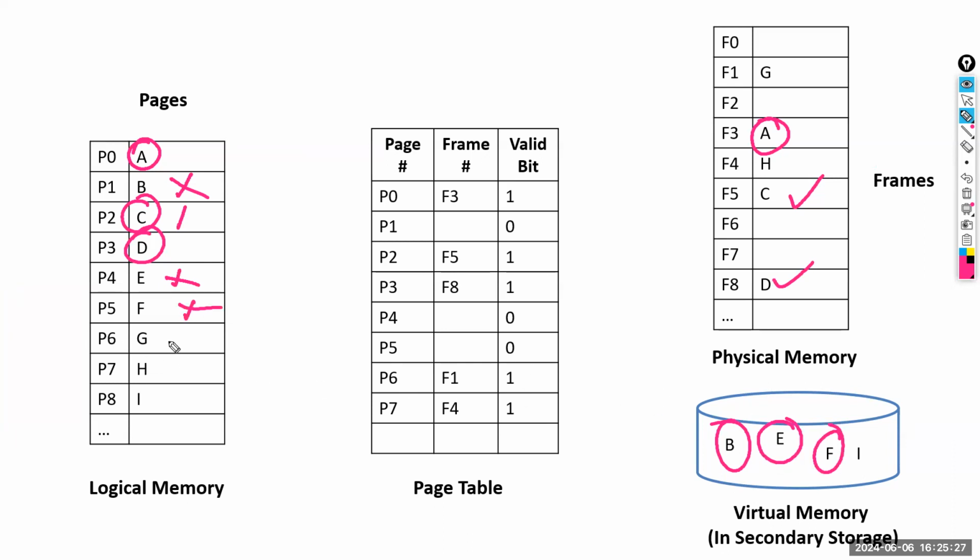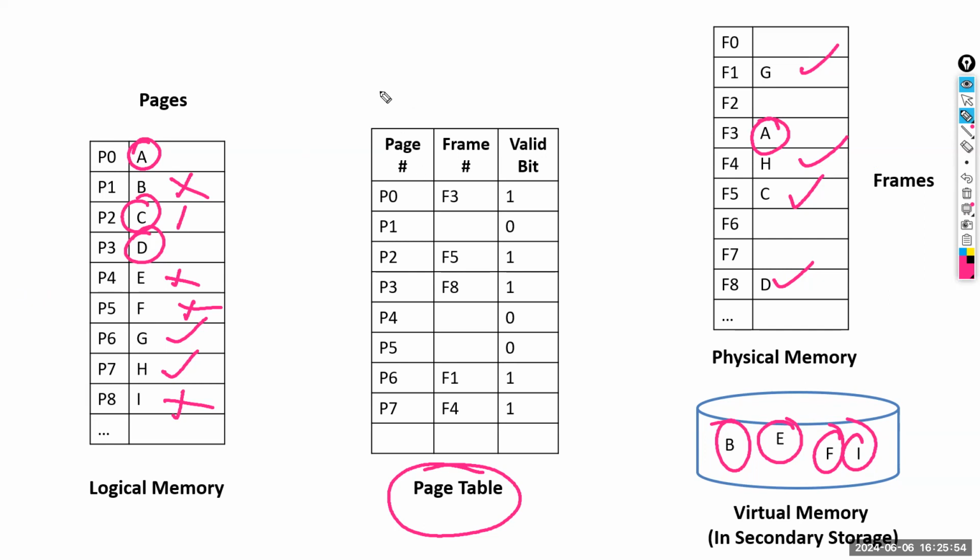Then page 6 is mapped to frame 1, and page 7 is mapped to frame 4. And page 8 is again in the virtual memory, not mapped. So there must be a mapping between page and frame, and the operating system maintains that mapping table. We call it the page table.